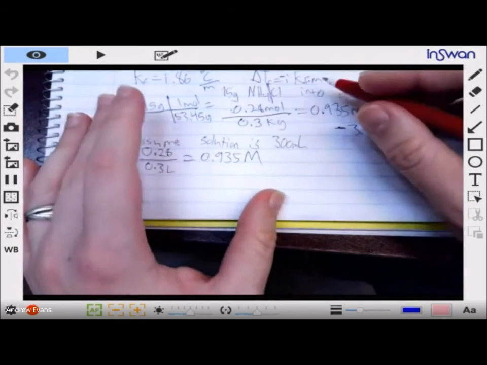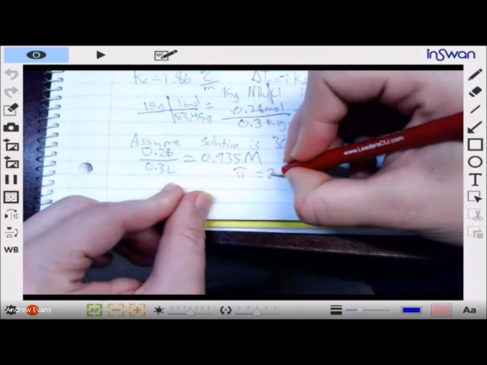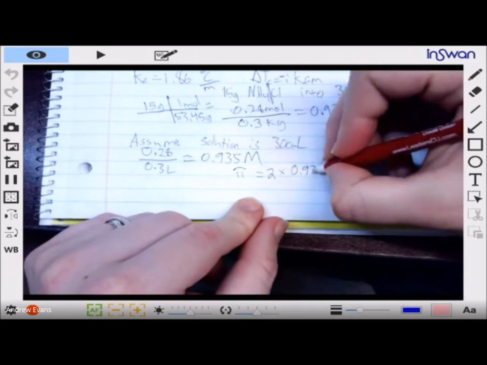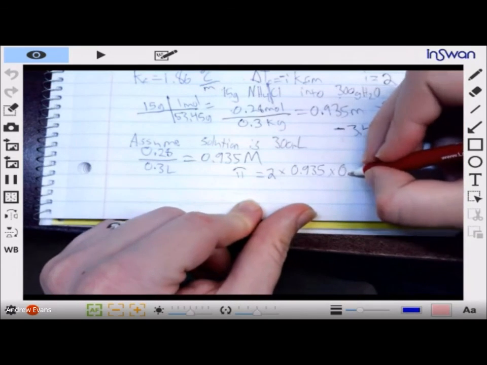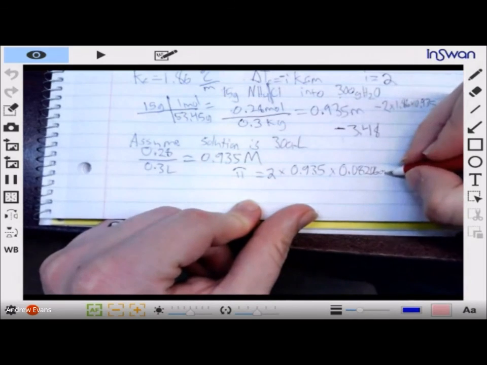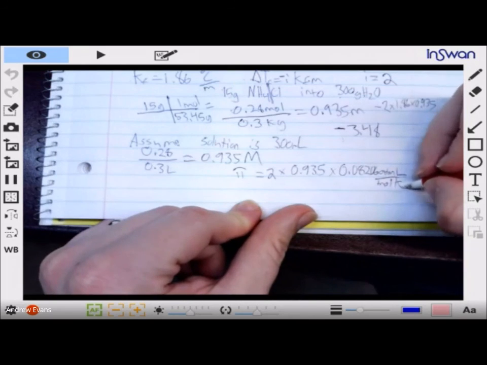Now, to do the osmotic pressure is just our i, our M, and then RT, R being our gas constant, which is atm liters per mole Kelvin.